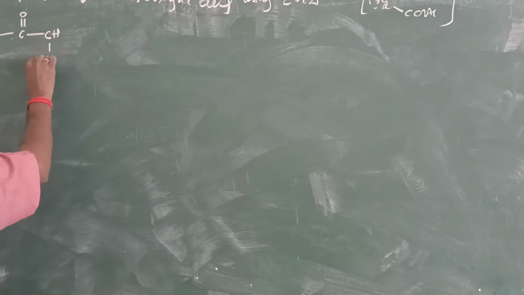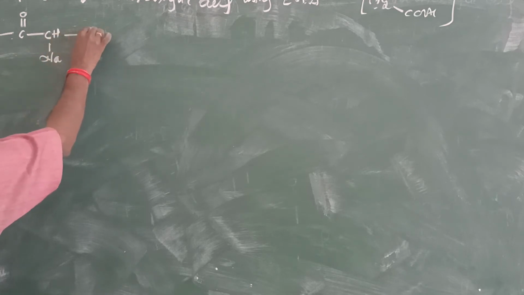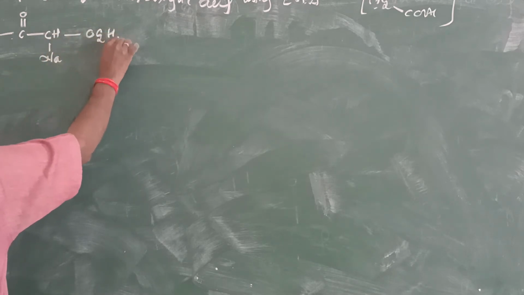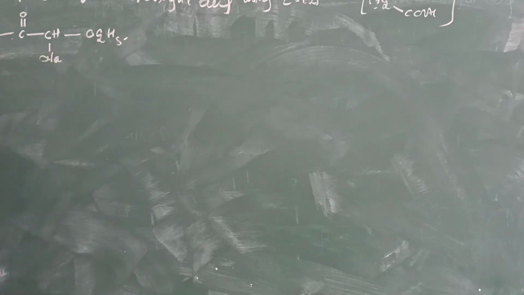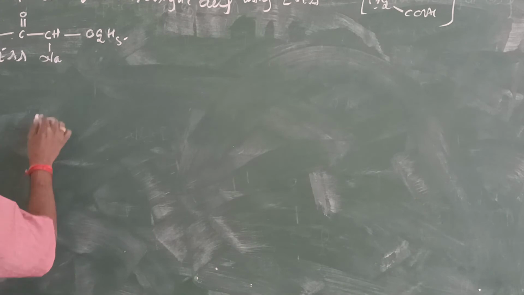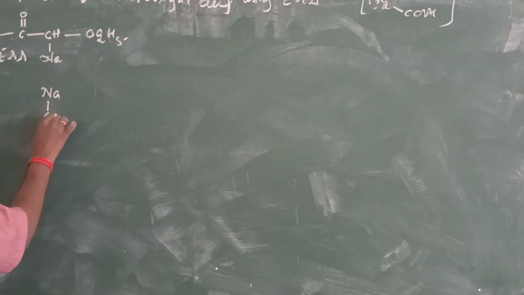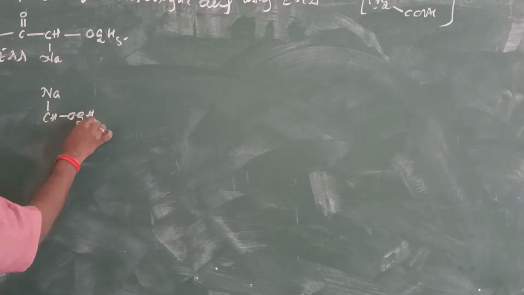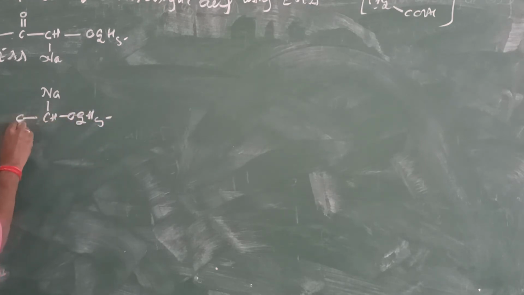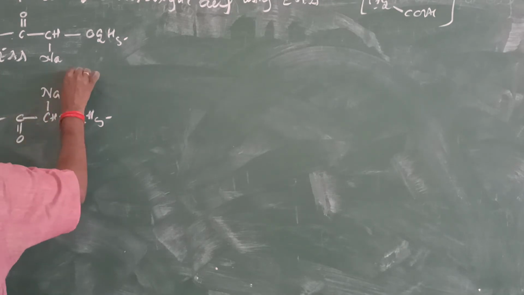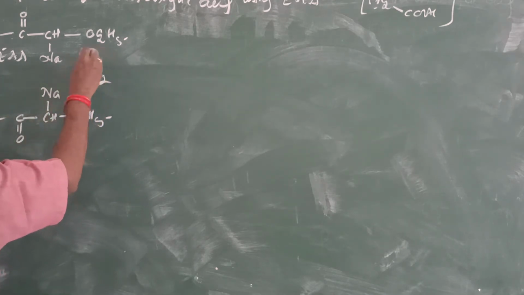CH, Na, OC2H5. So this is your sodium salt of EAA, ethyl acetoacetate. When it is allowed to react with another molecule of the same kind in the presence of iodine.